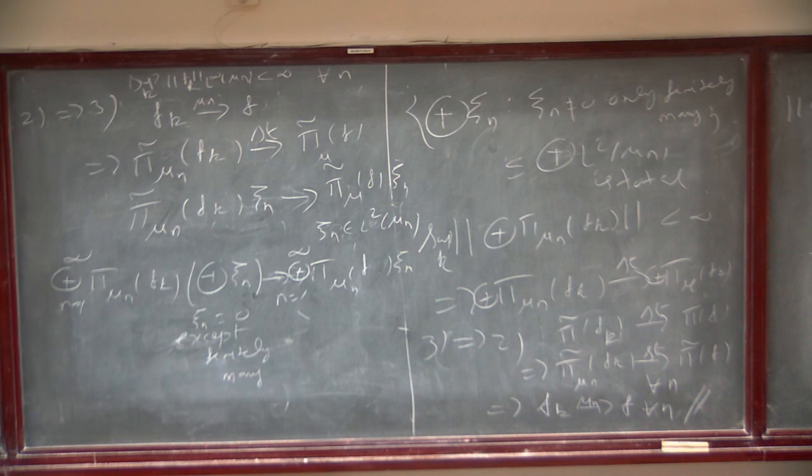If you have any doubt, I can go through the argument. All we have done is we had a representation pi of C of x, which we decomposed into a direct sum of pi mu n. Each pi mu n we extended to pi mu n delta. We have a representation pi that is unitarily equivalent to a direct sum of representations pi mu n. Each pi mu n we extended to pi mu n delta. With the same unitary, by bringing back by the same unitary, we define pi delta. And all these statements we proved about that pi delta.